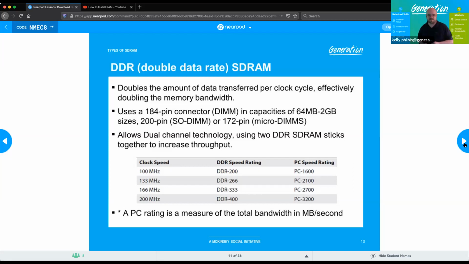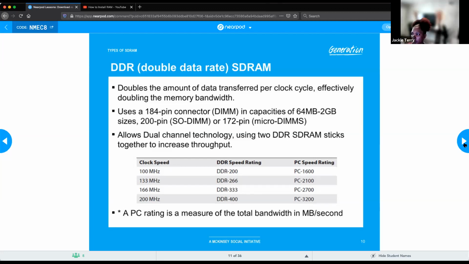SODIMMs. Can somebody tell me where we would typically see the SODIMMs we just talked about? So you have the DDR SDRAM and then you have the SODIMM. Will. The laptops. Very good. Laptops. And the SO in SODIMM, what does that stand for?